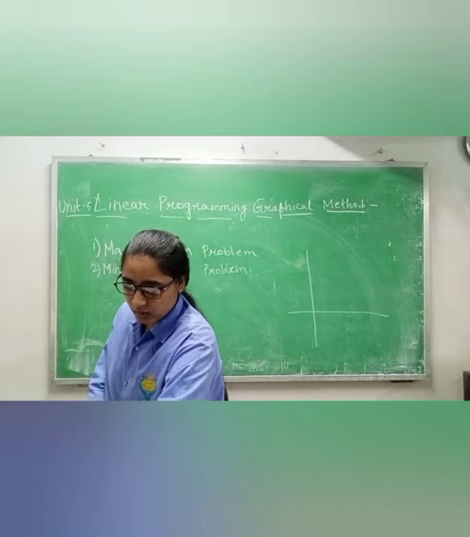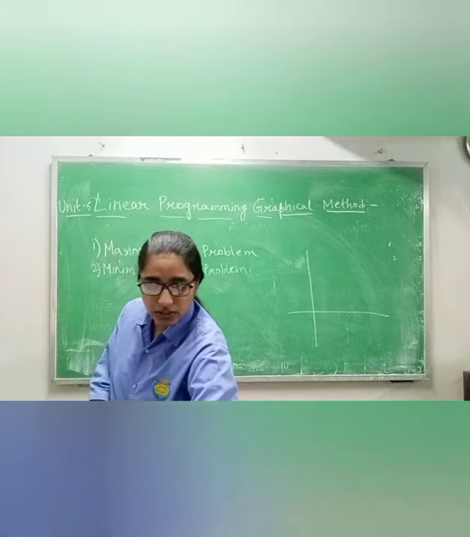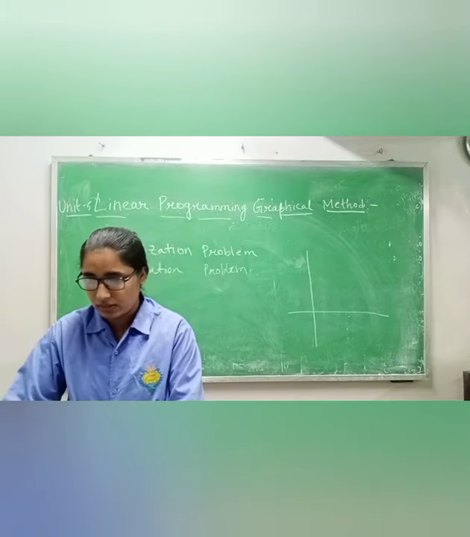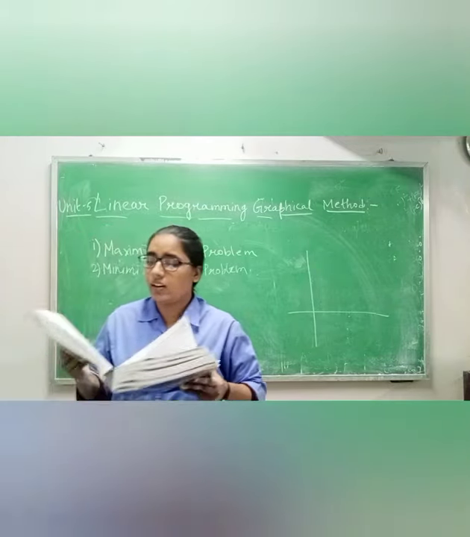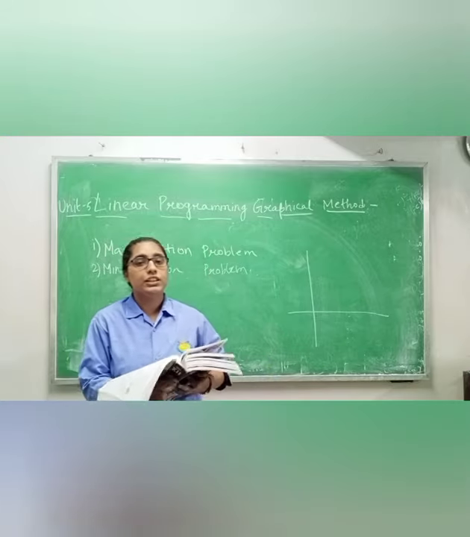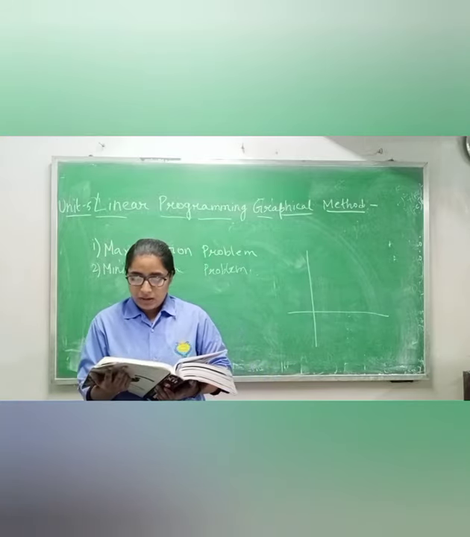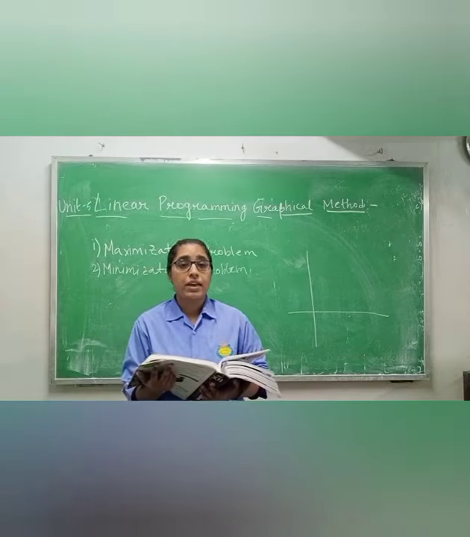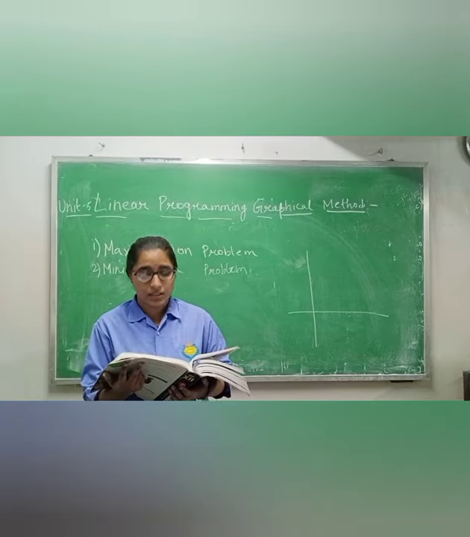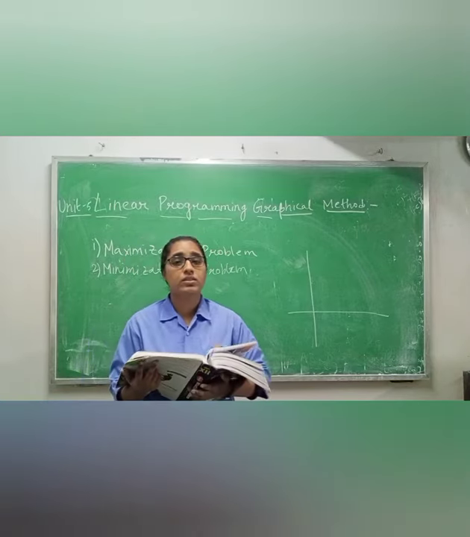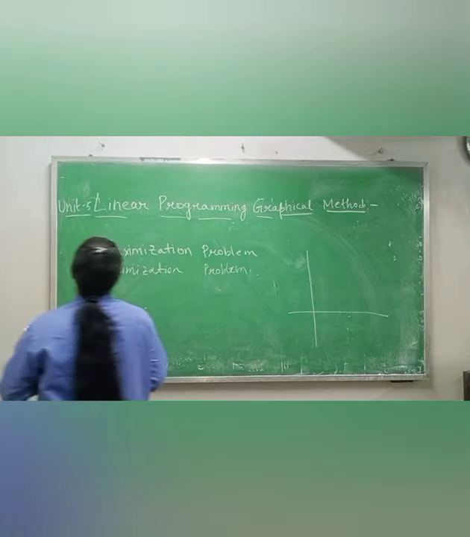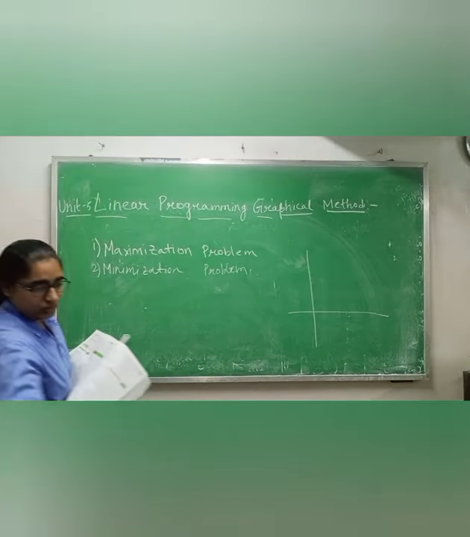Very short answer question number 1. Please read very short answer question number 1. Given the LPP, linear programming problem: maximize Z equals 2x plus 3y.